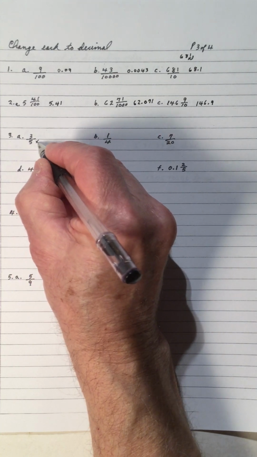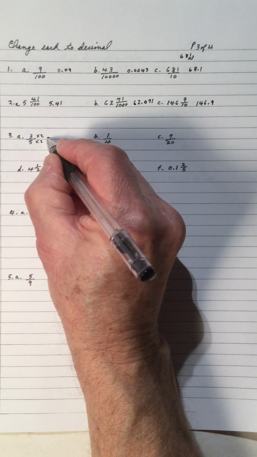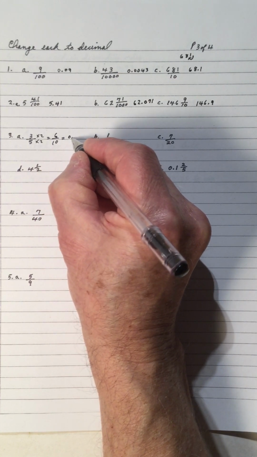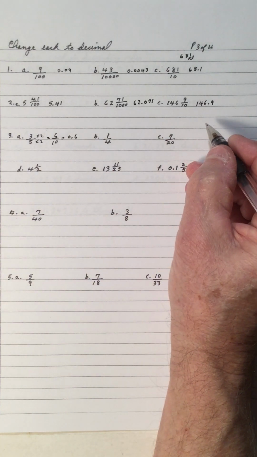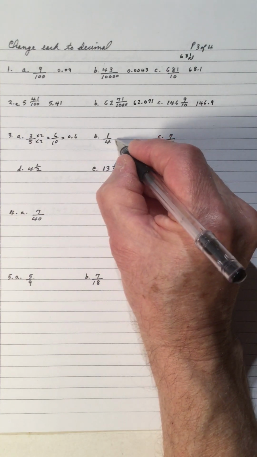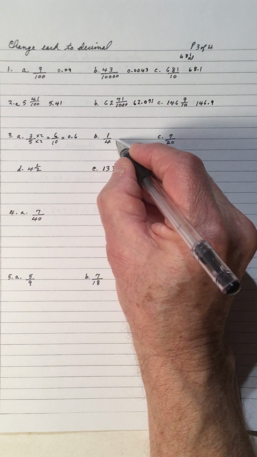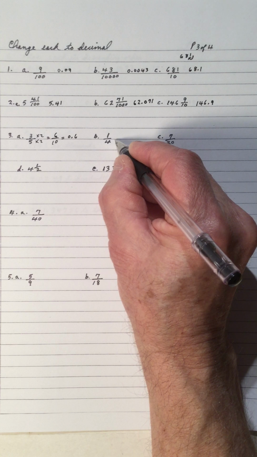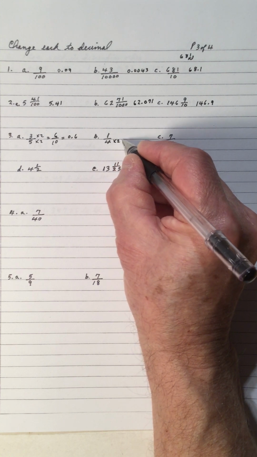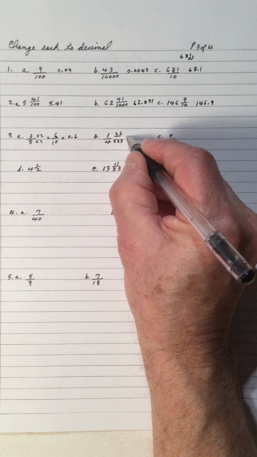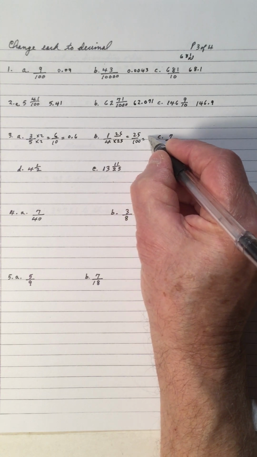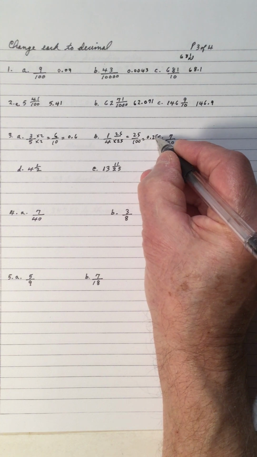So we multiply by 2 and 2, we get 6 over 10. 6 over 10 is 0.6. For 1/4, we need to multiply by 25 to get 100. So that gives us 25 over 100, and out of 100 is 0.25.